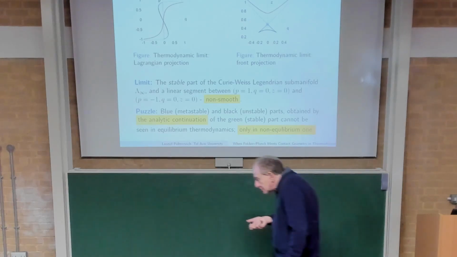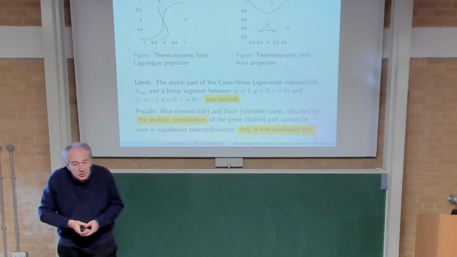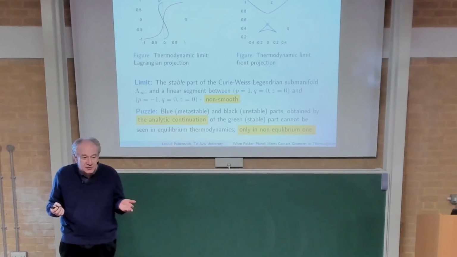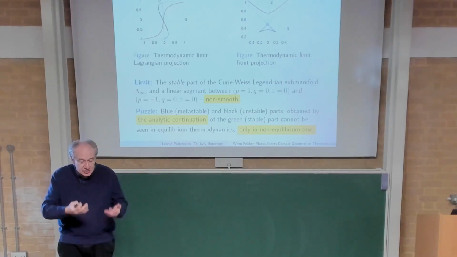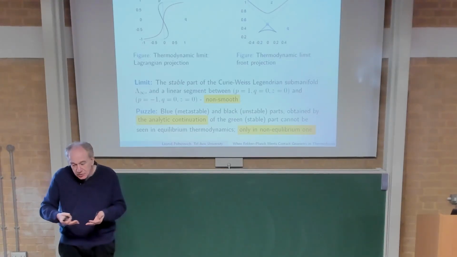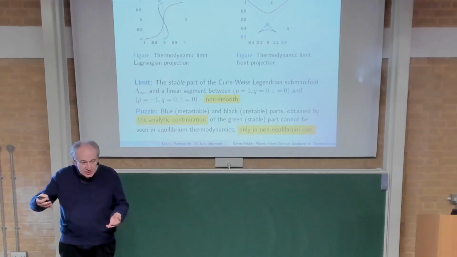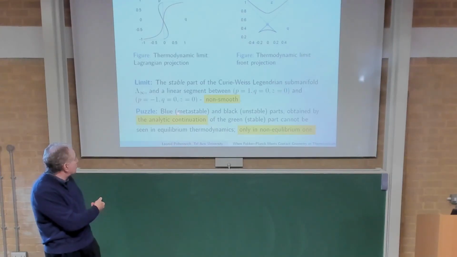And so this is an absolutely mysterious story, right? So you just do some procedure that is senseless from a physical viewpoint, right? You develop the story, you started with equilibrium Legendrians, you pass to the thermodynamic limit, you see some piecewise smooth stuff, right? So the smooth branch is actually analytic, it admits analytic continuation. So the question is, what is this?